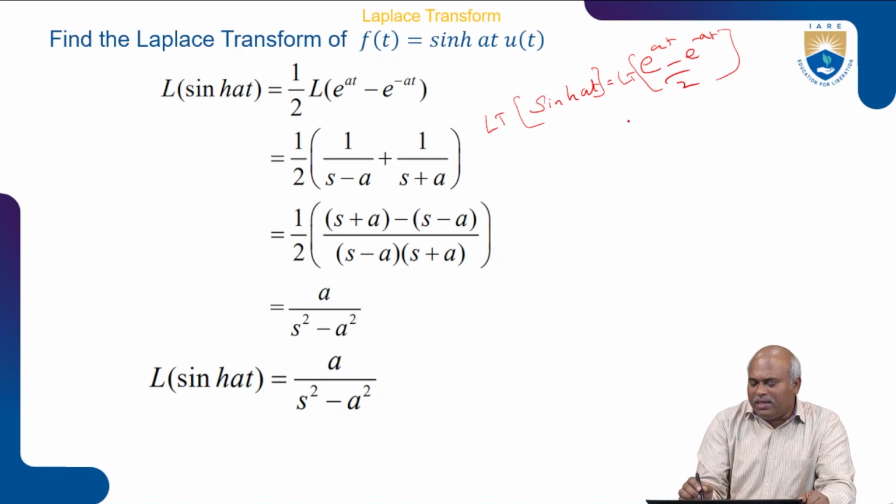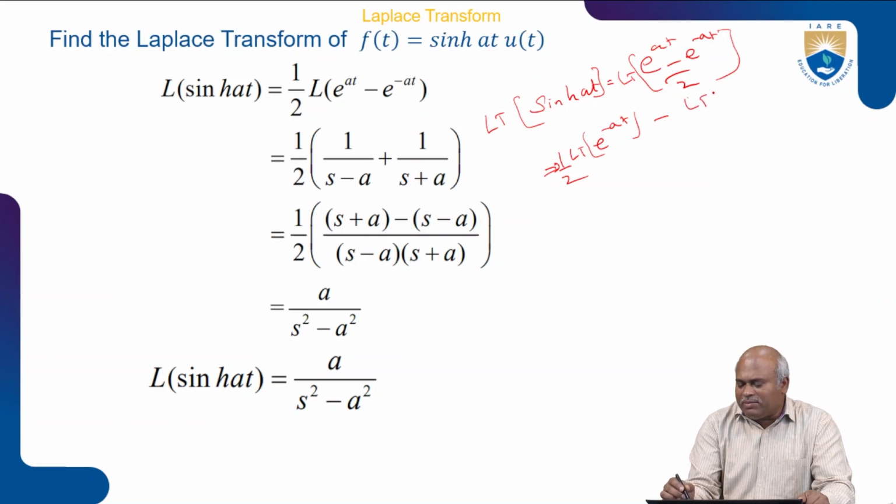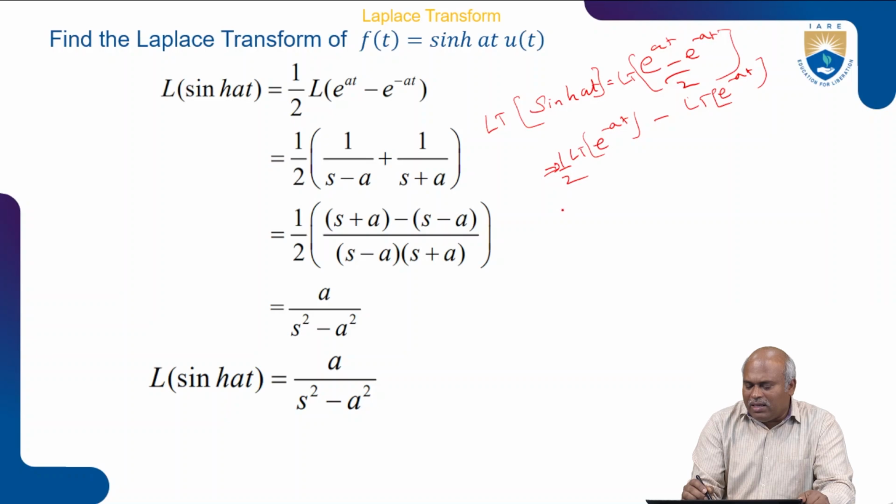Then I write here the Laplace transform of e power at, minus, I take out the 1 by 2, the Laplace transform of e power minus at. The Laplace transform of e power at is equal to, this is represented as u of t.